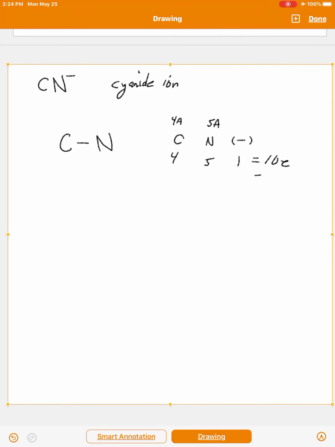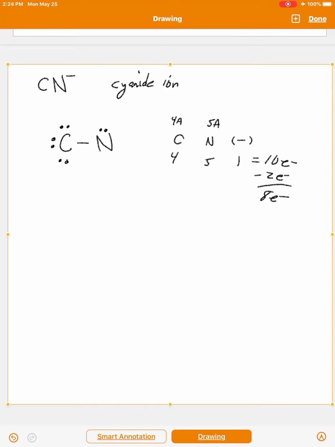We've already used 2, so we're down to 8. So again, pick one of the atoms and get it up to 8. So I'm going to do the carbon by adding 6, and then I'm going to add another 2 to the other. It doesn't really matter which one we do in this case. I could have put 6 on the carbon and 2 on the nitrogen, or vice versa.